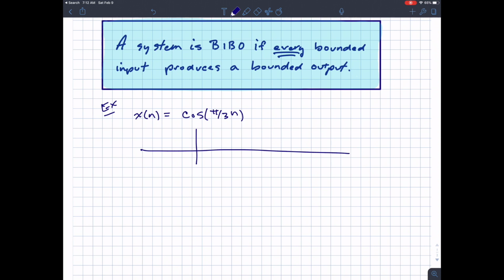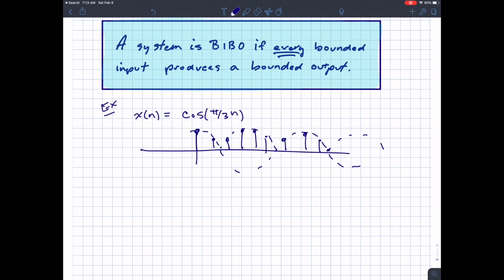I can try to draw the envelope of a cosine. We are getting samples of that cosine, and it's bounded when you take its absolute value. When you take the absolute value, it converts everything to positive, so it would look like this.